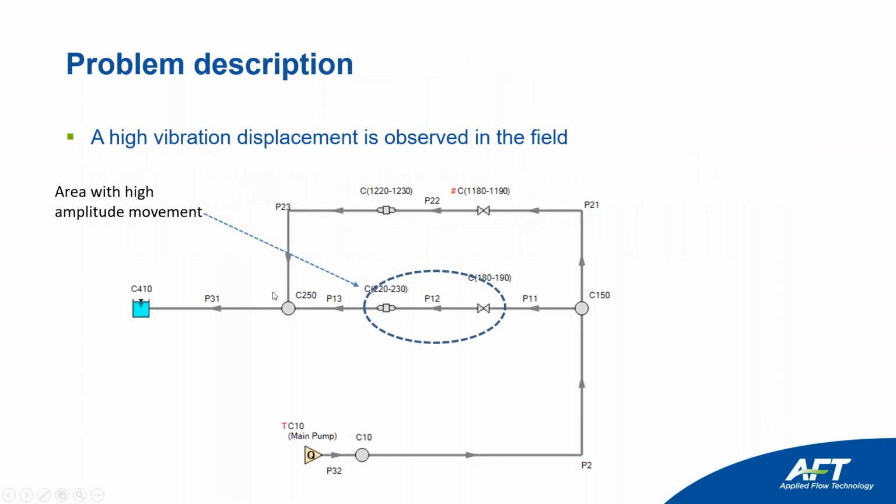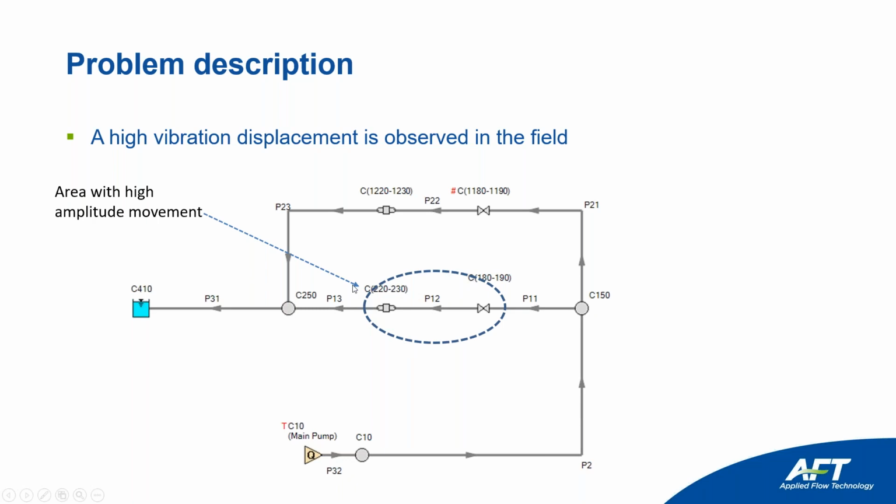So let's see a theoretical problem. We have a compressor here on this side, and we're going to analyze the discharge of the compressor. In the field, we have high vibration problems in pipe P12.